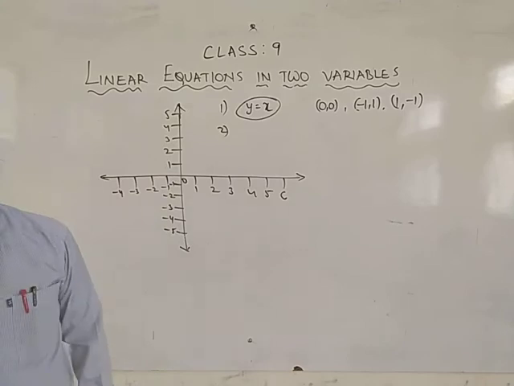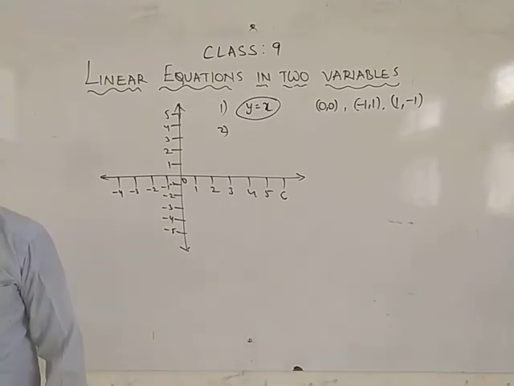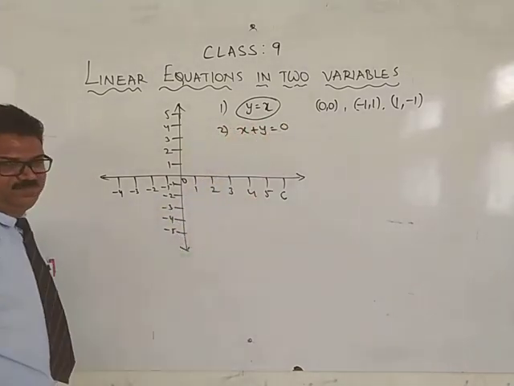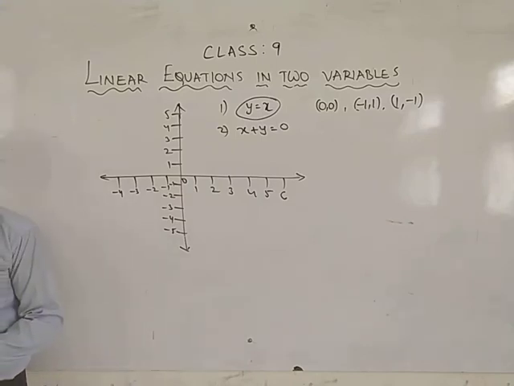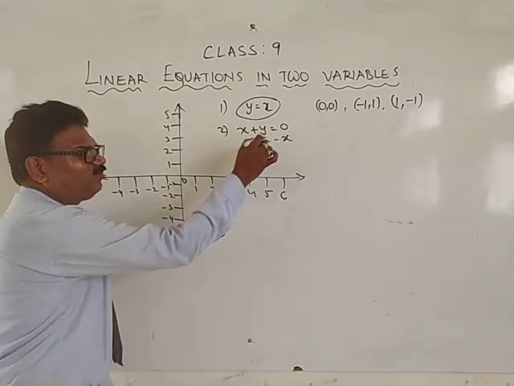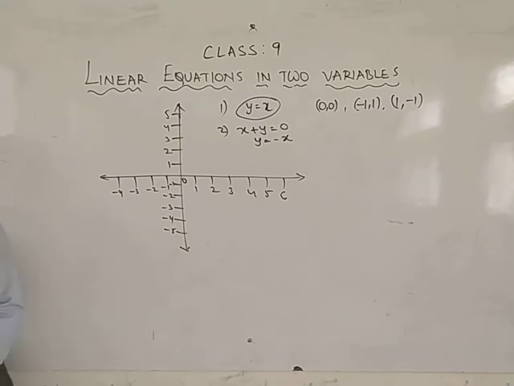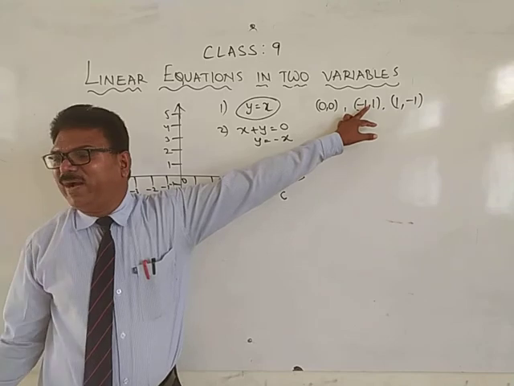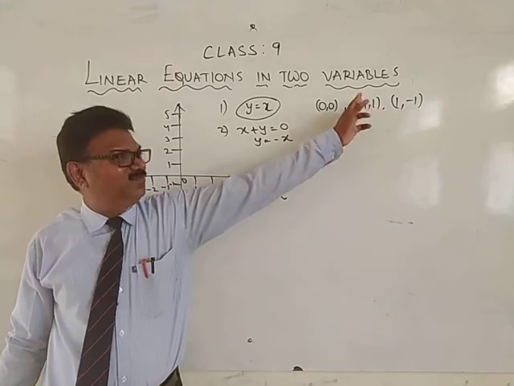Second one. Next one is x plus y equals 0. Can you say is it correct or not? How to write this equation? Y is equal to minus x. Very simple. If x equals minus 1, then y equals minus into minus, plus 1. Correct.